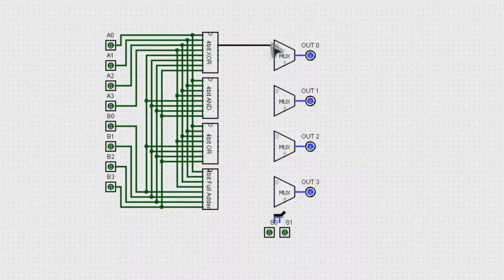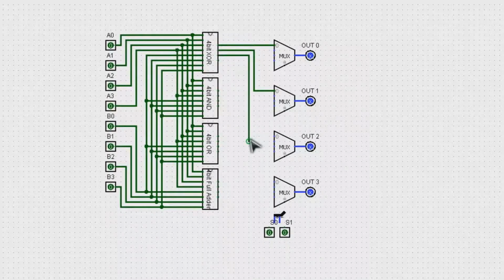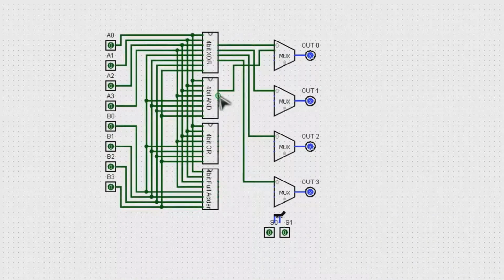Now that all our operators are working, we can hook them up to some mux units to determine which output we'll use. The wiring for this is a little bit tricky. We're going to use 4 4-input mux units. Each bit from each operator goes into its own mux unit in the same position as the other bits. For example, the first output of XOR will go into mux 0, input 0.